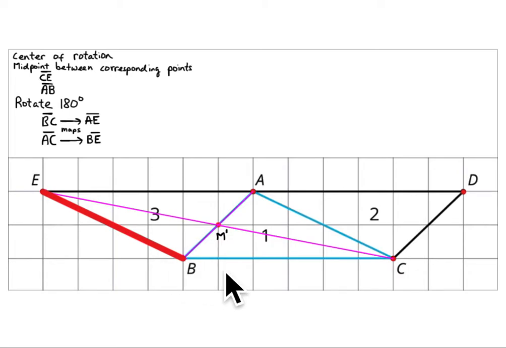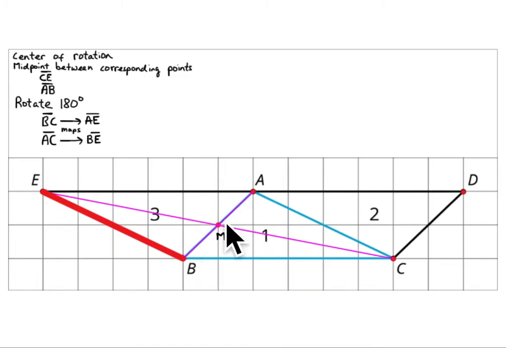So now what the authors want you to do is take a look at where some equal angles are and some equal sides. And this angle right here, it's going to be ABC. So this angle right here rotates around this way and forms this angle right here, which is EAB. So this angle goes to here. So those two angles are equal.